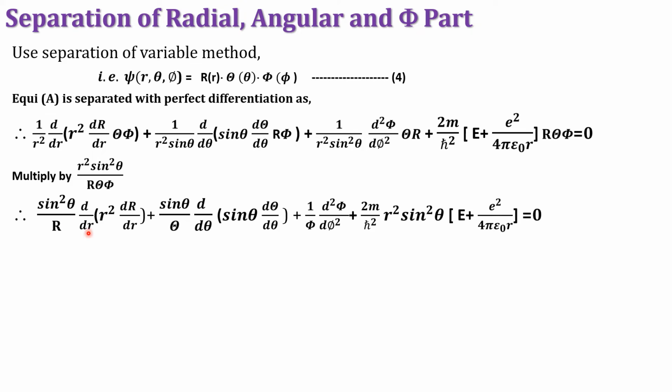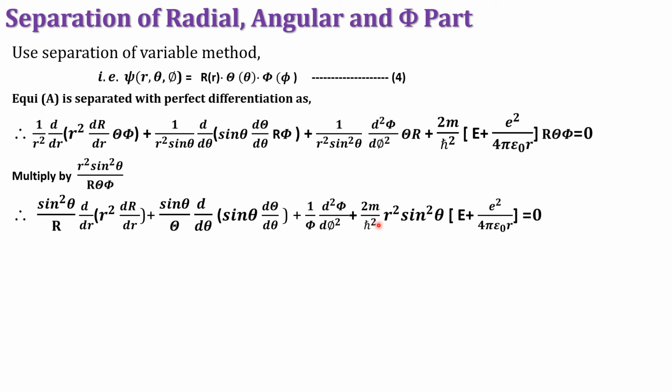So the first term is sin squared θ by R into d by dr of r squared dR by dr, plus, for the second term, if we multiply by r squared sin squared θ divided by R Θ Φ, R and Φ cancel as well as r squared. The remaining term is sin θ divided by Θ into d by dθ of sin θ dΘ by dθ, plus, for the third term, Θ and R cancel, only Φ remains, and r squared sin squared θ also cancels, so the term becomes 1 upon Φ d²Φ by dφ², plus, here R Θ Φ cancels and the multiplied term is r squared sin squared θ.